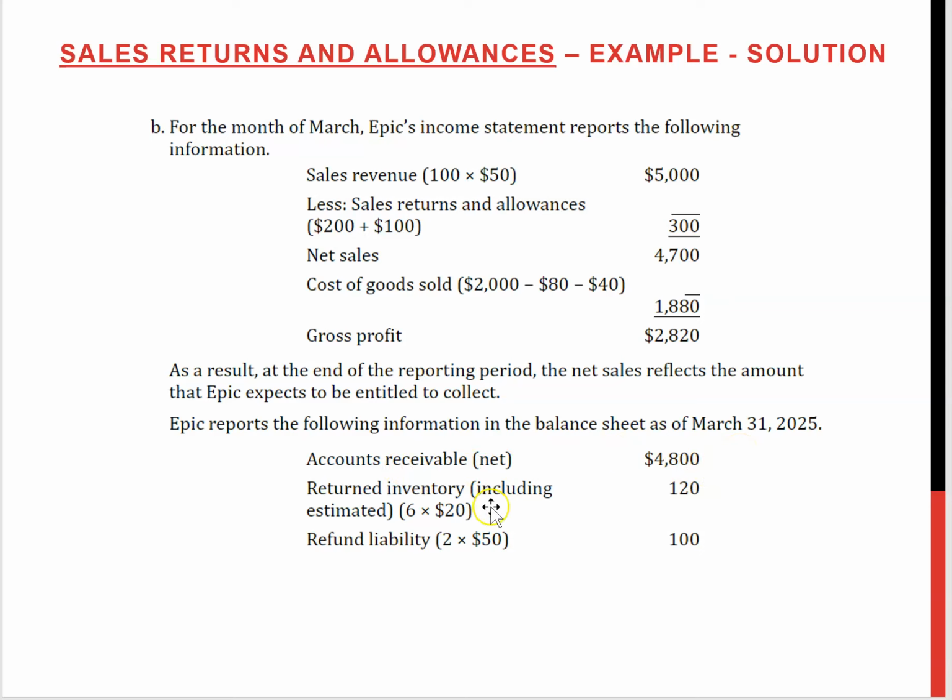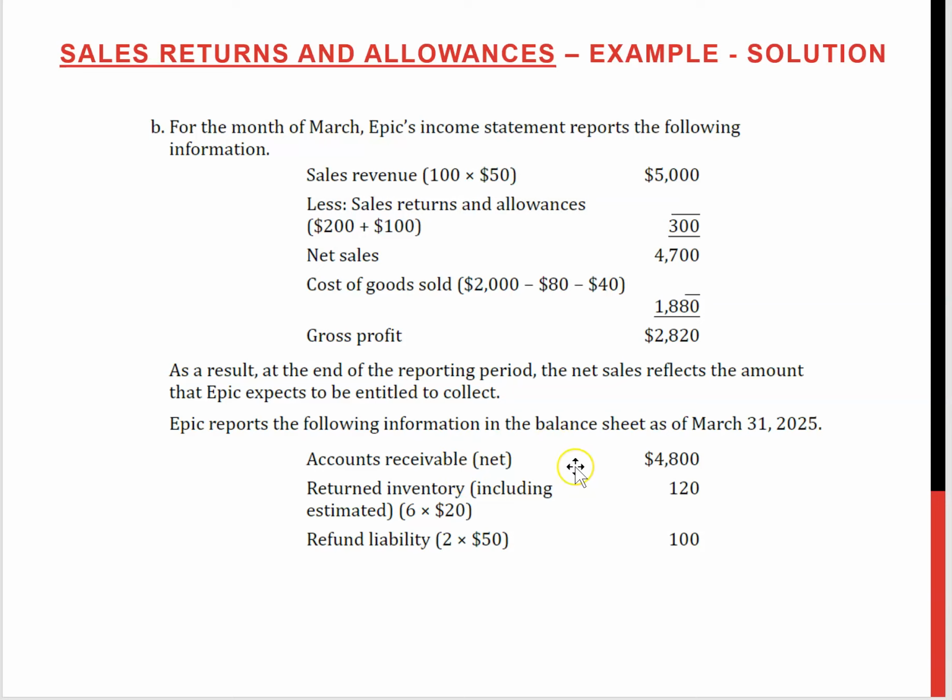They will also show their inventory here on the asset side, and they are showing returned inventory, 6 games, $20. Remember, cost of goods sold and inventory we record as per the cost price, and sales revenues and account receivables as per the sales price.